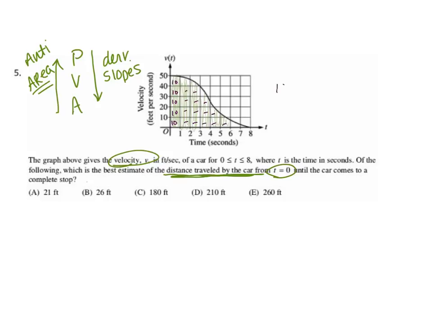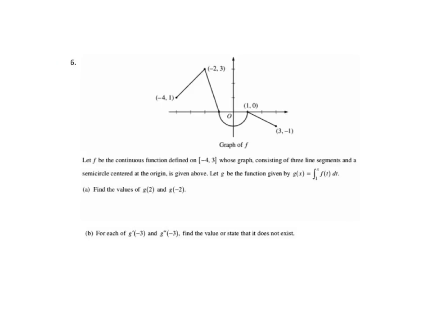So that's 190. But then we also still have this portion we've not counted, and then this little portion. If we continue on looking at just these little bitty portions, then that best estimate is probably going to be 210.